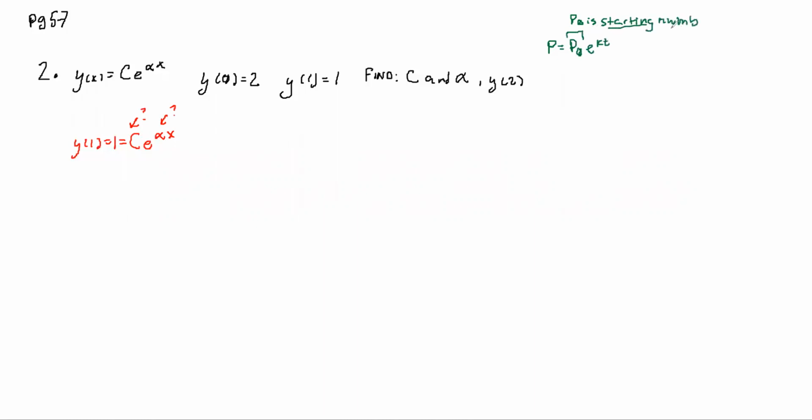So what does this mean in terms of math? Starting number is when time is equal to 0. So we could say, and this would be true, p of 0 is equal to p naught. Do we have an analog for that in this? Yeah, 2, because y of 0 is equal to 2.